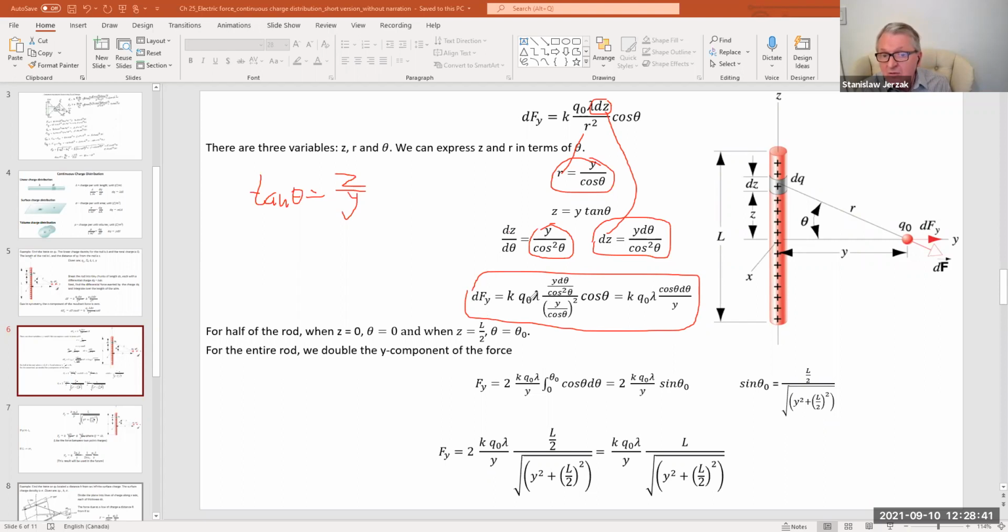For example, here we have y squared, so one y will be left over. Here we have cosine squared theta, and here cosine squared theta, so these two will cancel. Finally, you can simplify this expression to something like this, and you see that there is now only one variable involved because y is constant.